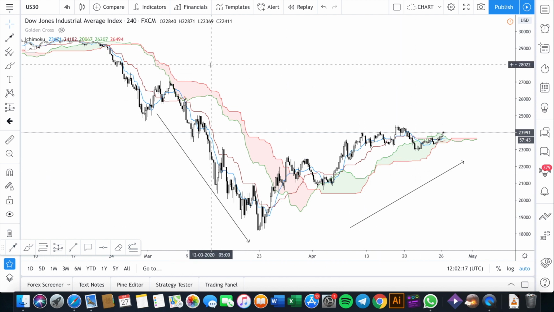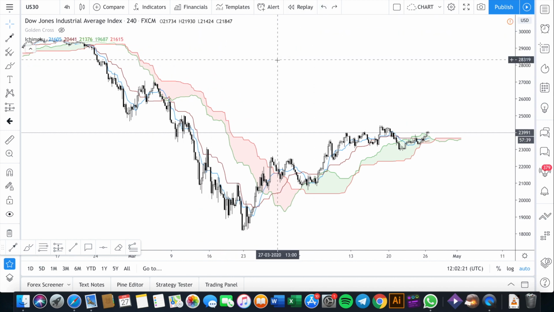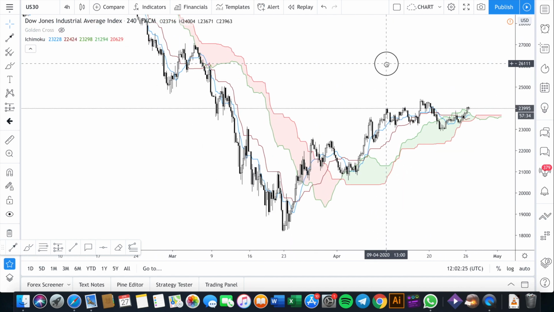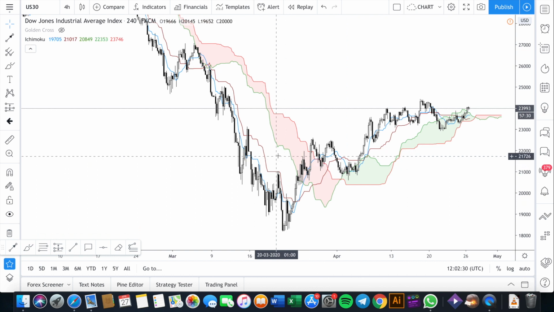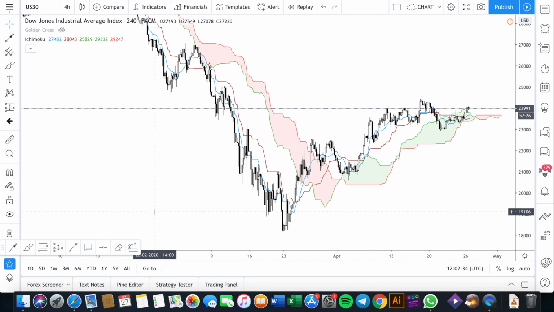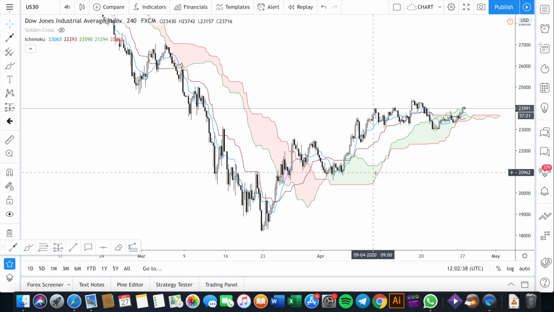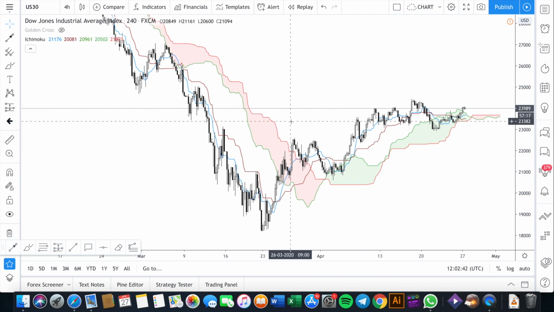The Ichimoku Cloud is an indicator that many traders use on its own, as a strategy, but as you can see, there are a lot of indicators in just one indicator, and there is a lot to talk about and to use in your trading strategy to have a better setup and a better system.